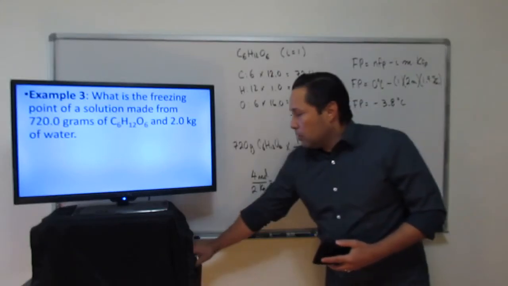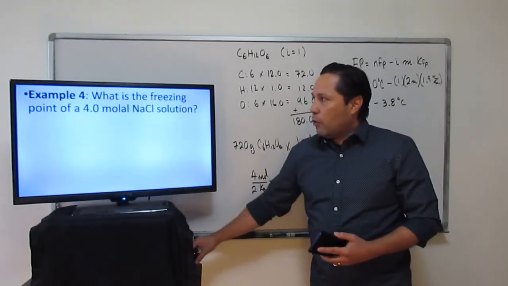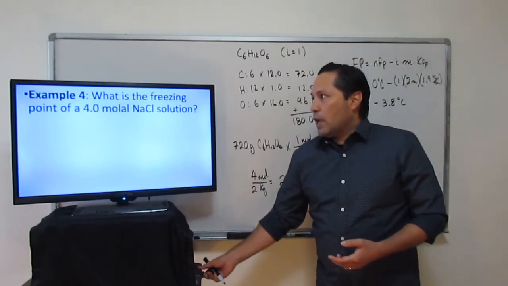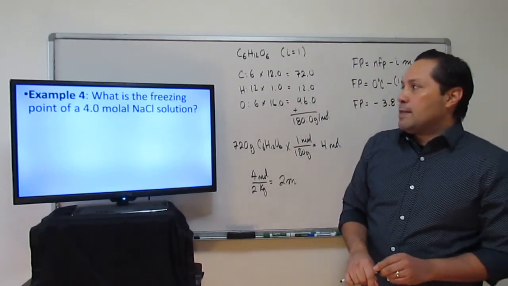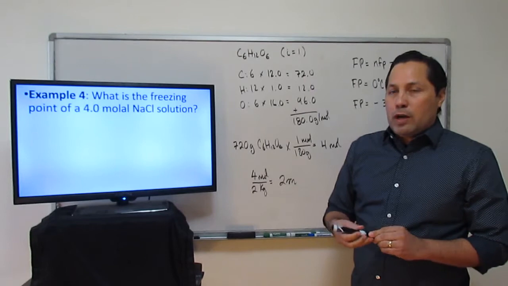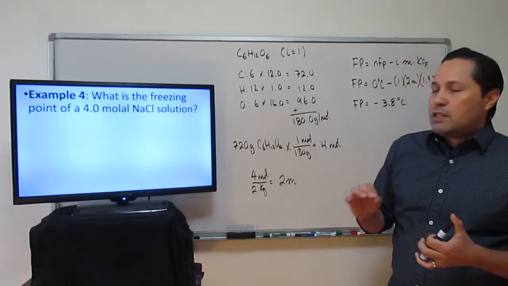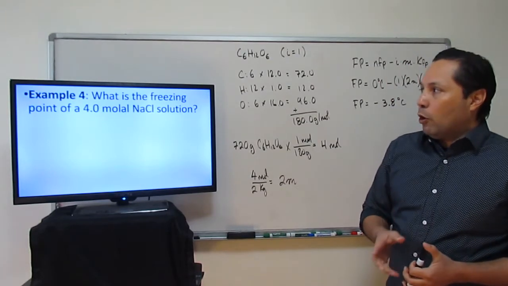Next, let's move along to example 4. Here they ask you, what is the freezing point of a 4 molal NaCl solution? So we are adding salt, sodium chloride, to the solution, and it has a molality of 4 molar already.